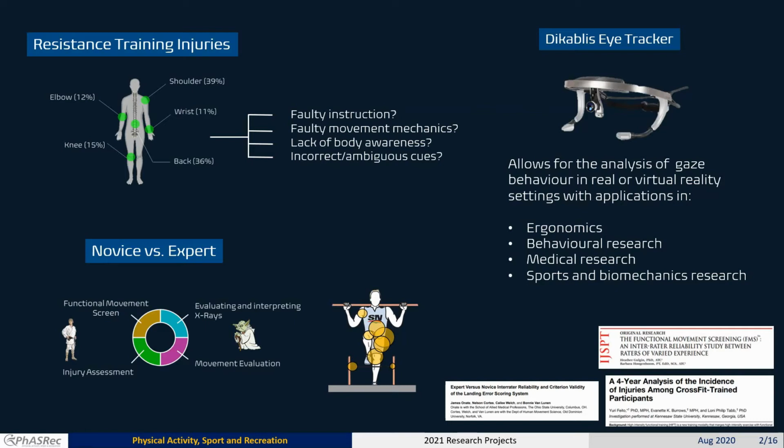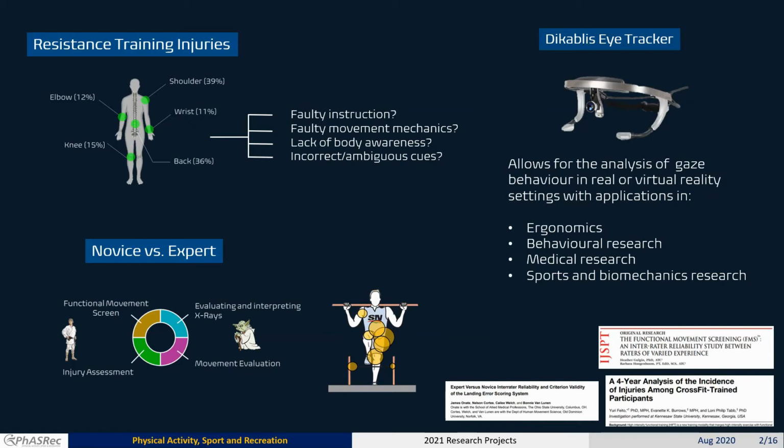that is being demonstrated? In a slightly different context, you might want to evaluate the difference between a novice and an expert when evaluating certain movements, such as a functional movement screen or an injury assessment, perhaps a movement evaluation, or even when evaluating and interpreting x-rays.